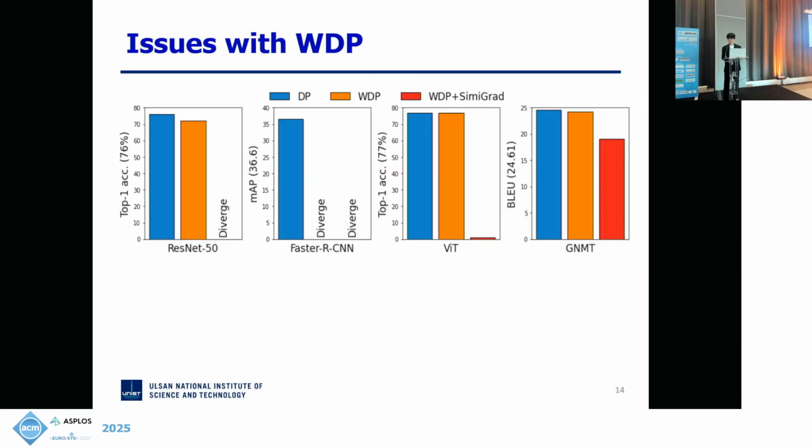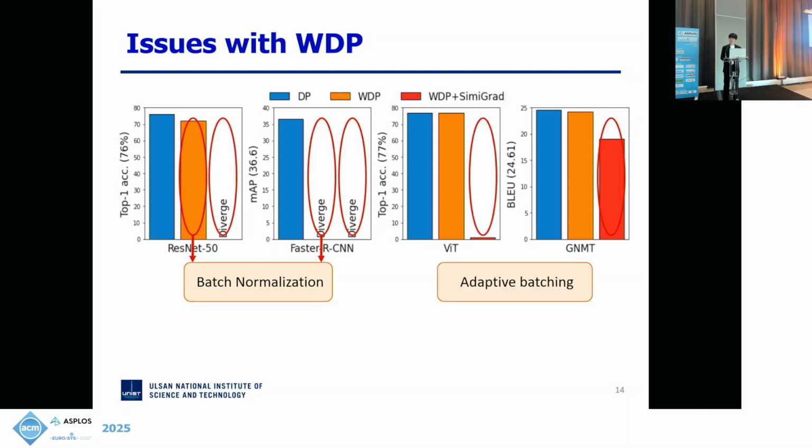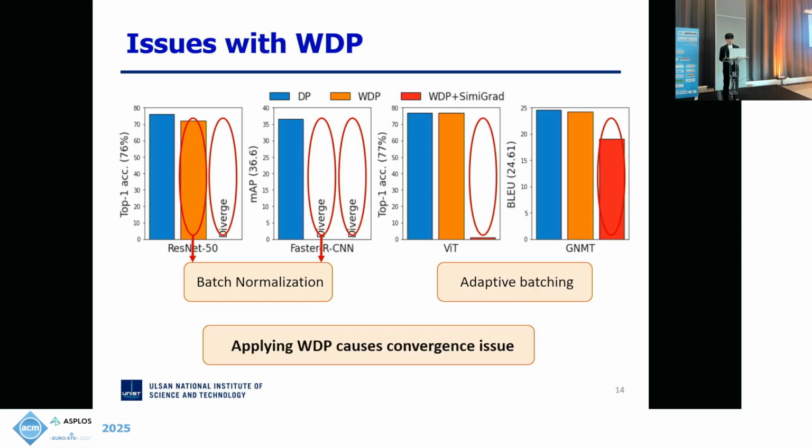The figure shows our convergence experiment of WDP. For static training, looking at the orange bar indicating the result of WDP, the models with the batch normalization had an adverse effect. Furthermore, the result of SemiGrad applied with WDP shows all of the models suffer from convergence degradation.